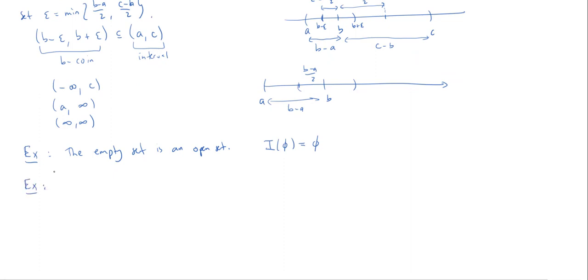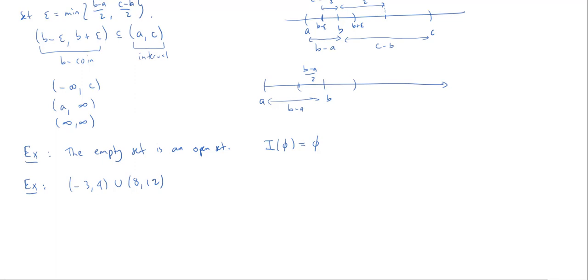All right, another example, right? So we want to get something somewhat new here. Let's say I take the union of two open intervals. So this is going to be an open set because, well, we already know that each of the intervals themselves is open.